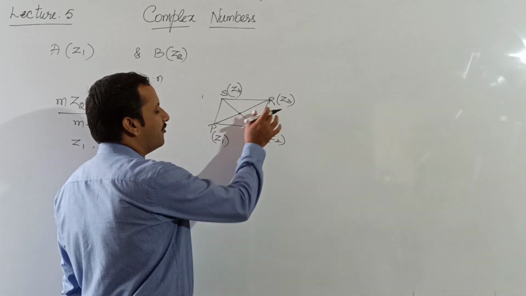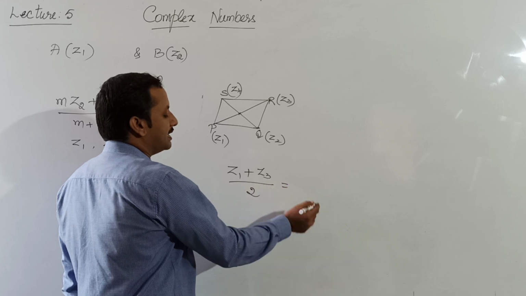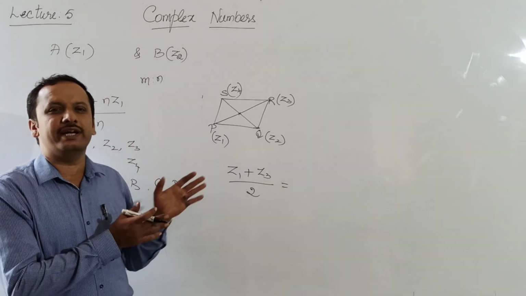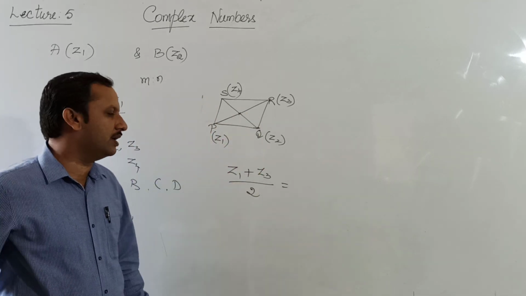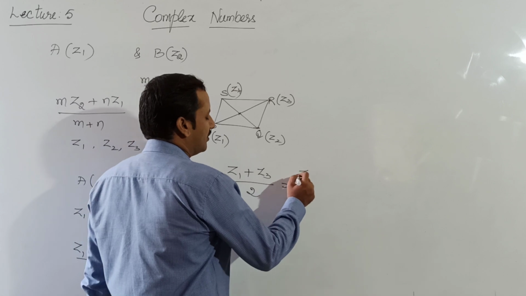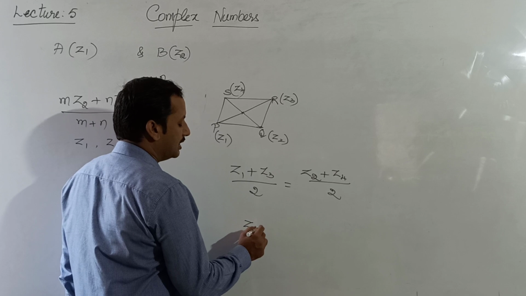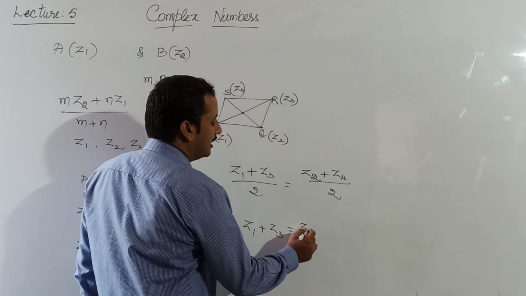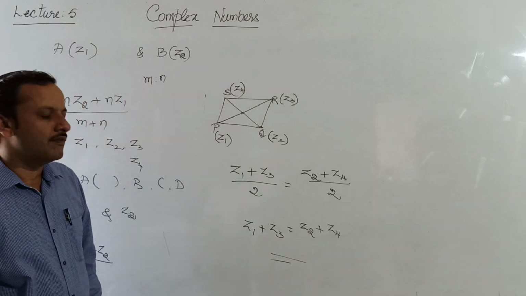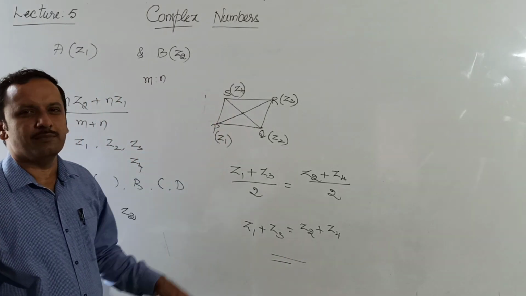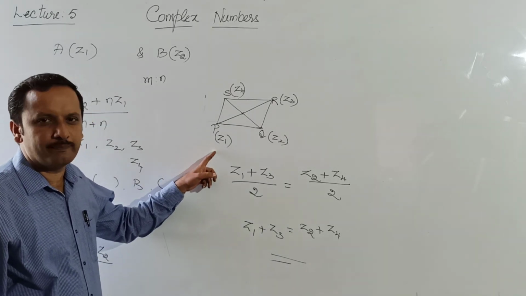The midpoint of PR is (z1 plus z3) by 2, which must be equal to the midpoint of QS, that is (z2 plus z4) by 2. The 2 gets cancelled, and we get z1 plus z3 is equal to z2 plus z4. This is the condition for these four complex numbers z1, z2, z3, z4 to represent a parallelogram.